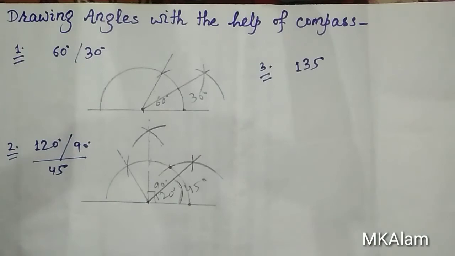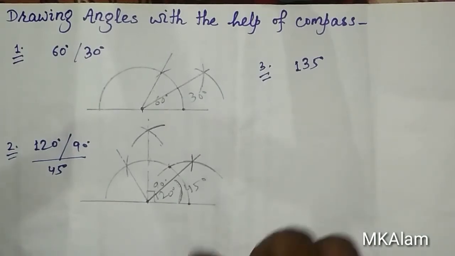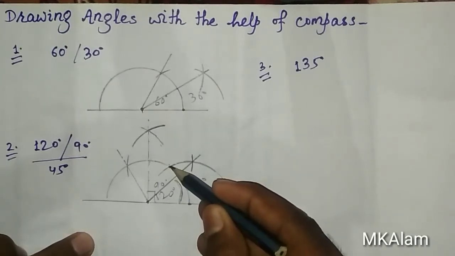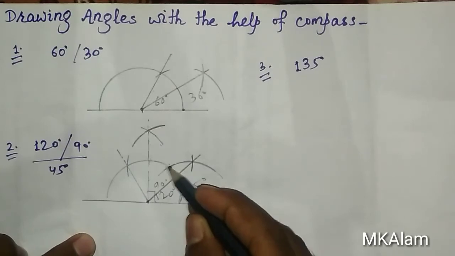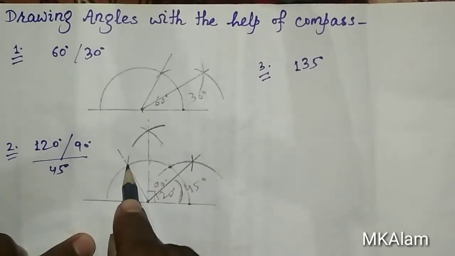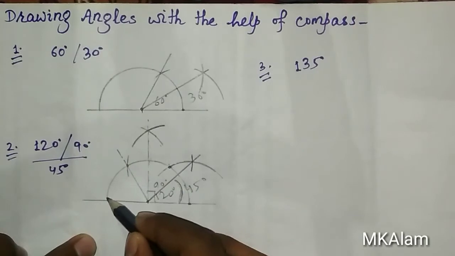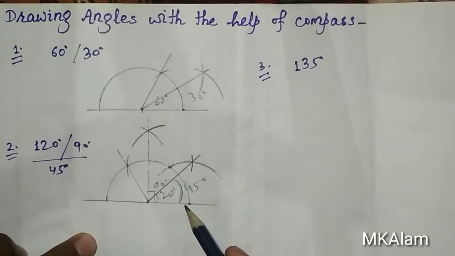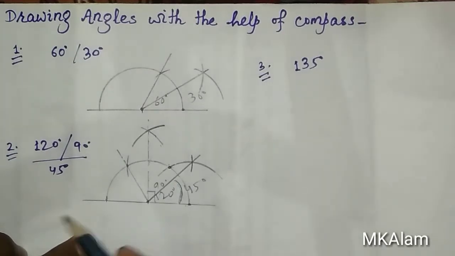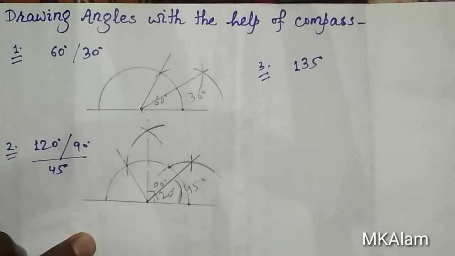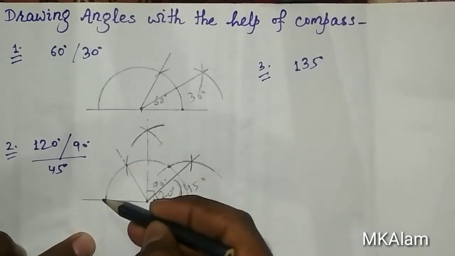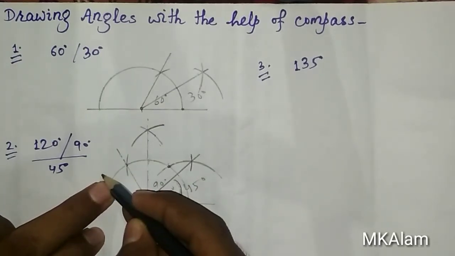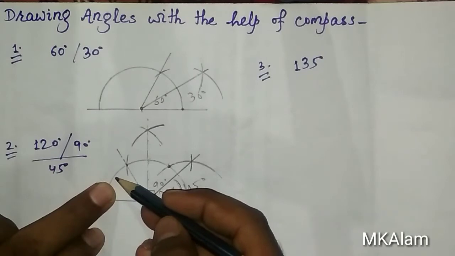Okay, and you know very well that with this figure I can make you understand that from here to here is 60 degree, and from here to here you also have 60 degree, and from here to here you also have 60 degree, because this is the straight angle, and a straight angle is 180 degree. And if you divide this angle, then you will get 30 degree here, and from here to this point you will get a 150 degree angle.